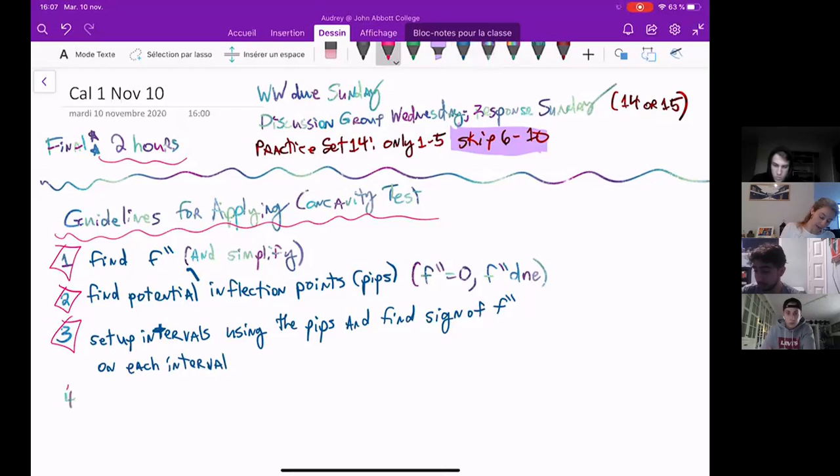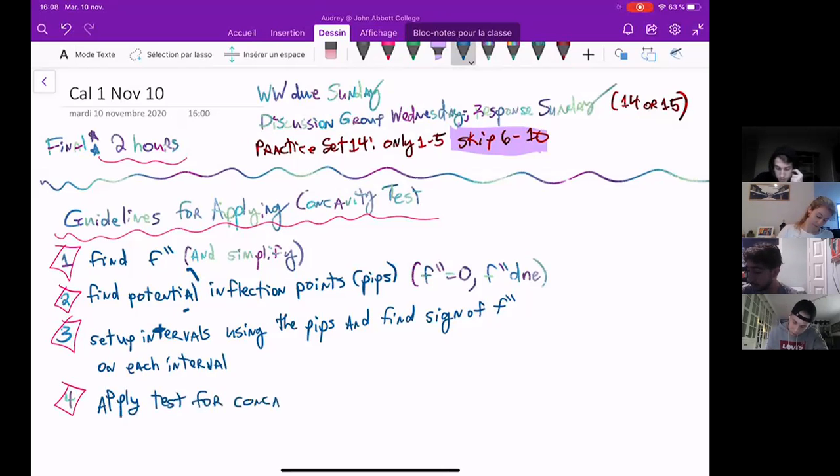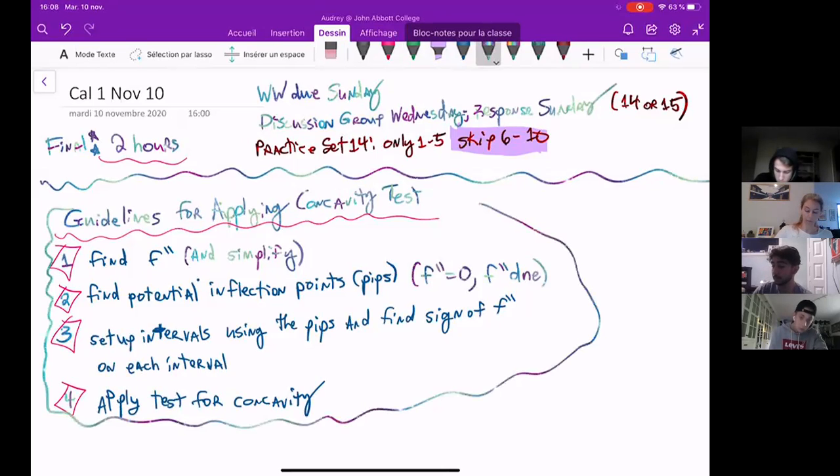And then lastly, we apply the test. And so these are the steps that we're going to follow every time we want to know about concavity.